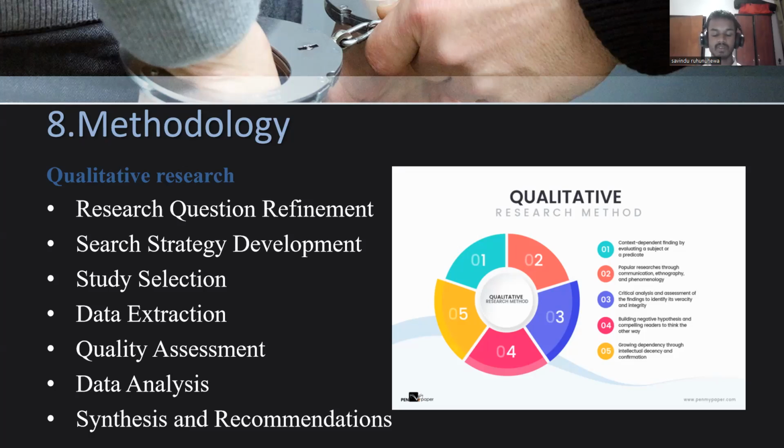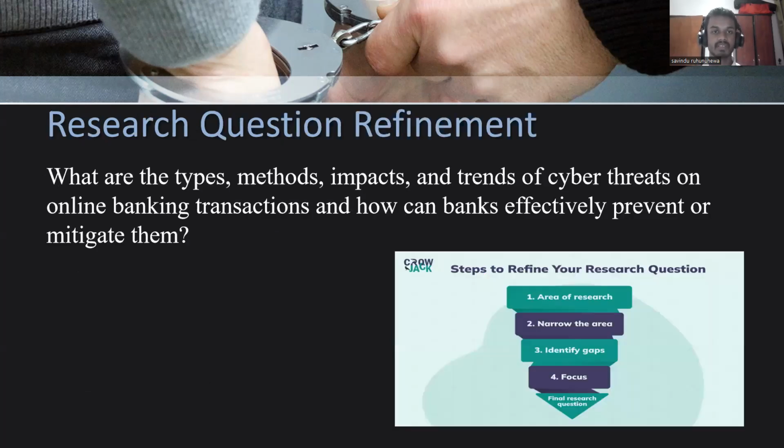Now we move into the next slide. Research question refinement. Refining the research question for the impact of cyber threats on online banking transactions can help us gain a better understanding of how customers perceive and respond to these threats, the unique challenges faced by developing countries, the threats faced by different types of online banking transactions, and the effectiveness of current security measures.